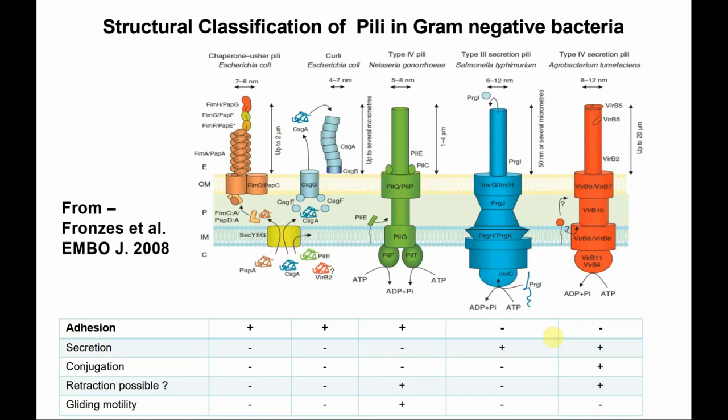Okay. So now they're rather confusingly called type 3, type 4, and CU or curly pili. So you might wonder, hang on, we got type 3, we got type 4, where's type 1 and type 2?